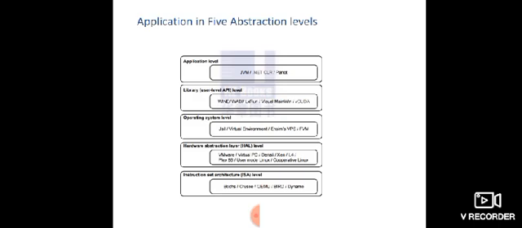Let us see these five abstraction levels. In the instruction set architecture, the ISA level, we have implementations such as Dynamo, Bird, QEMU, Crusoe, and so on.